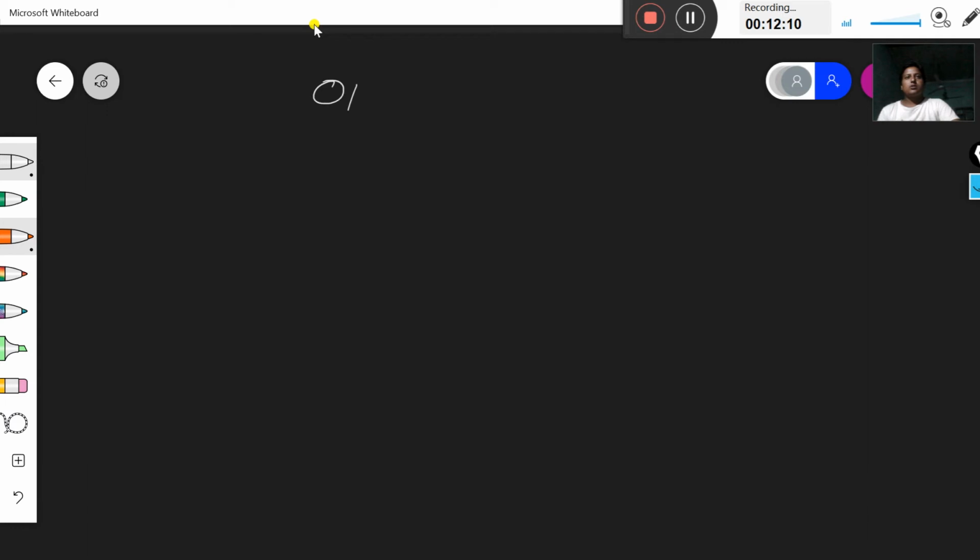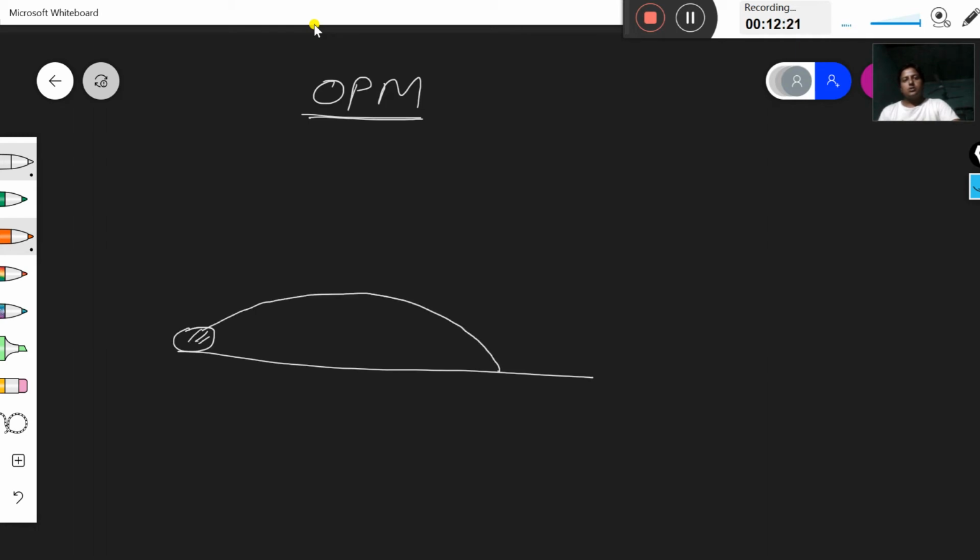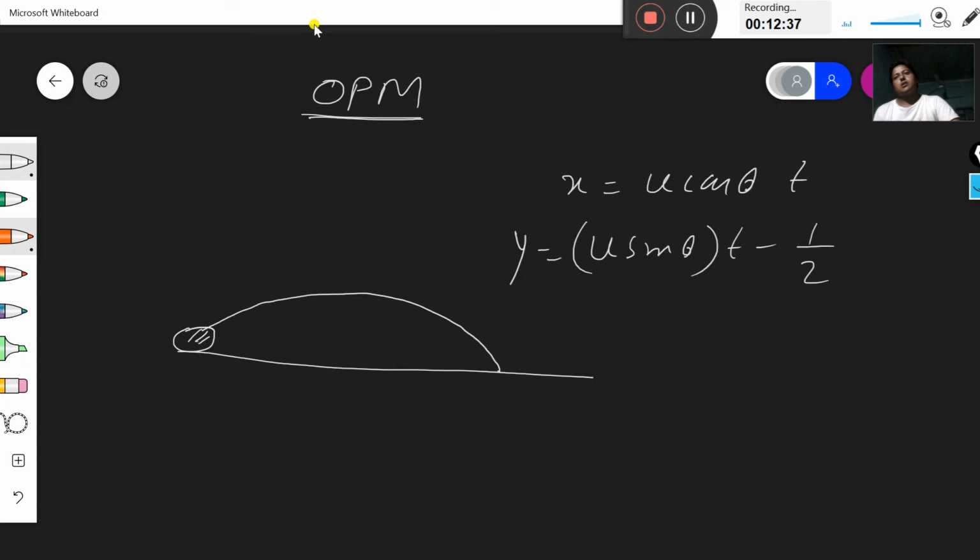In oblique projectile motion, path of the body is a curve. x equals to u cos theta t and y equals to u sin theta t minus half g t square.